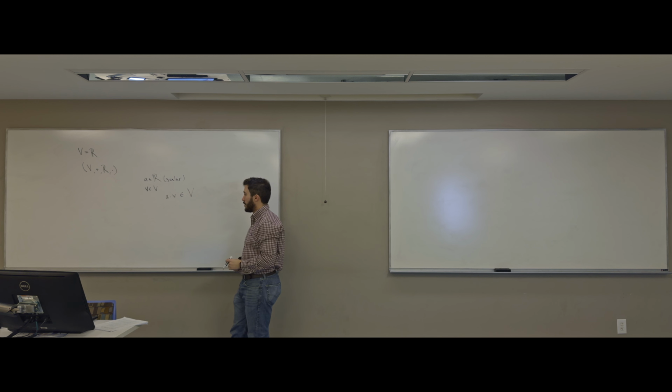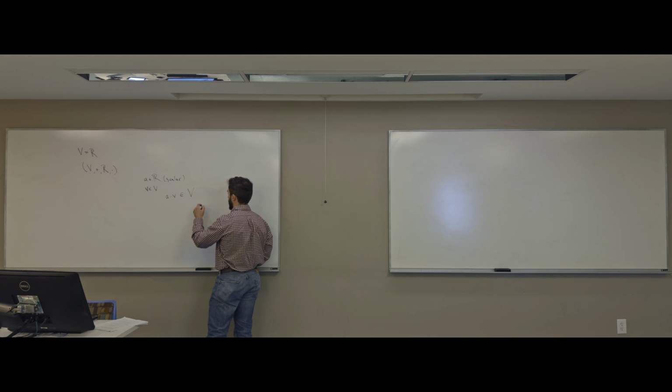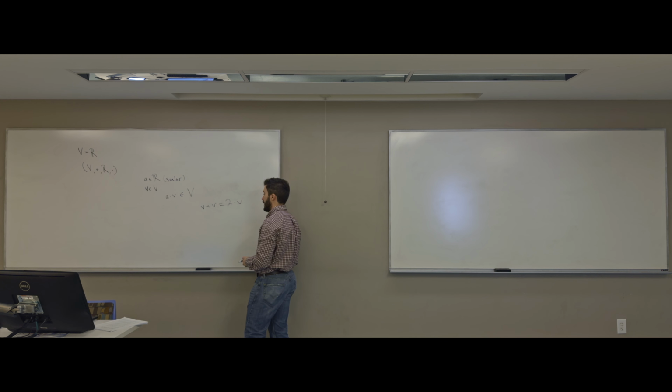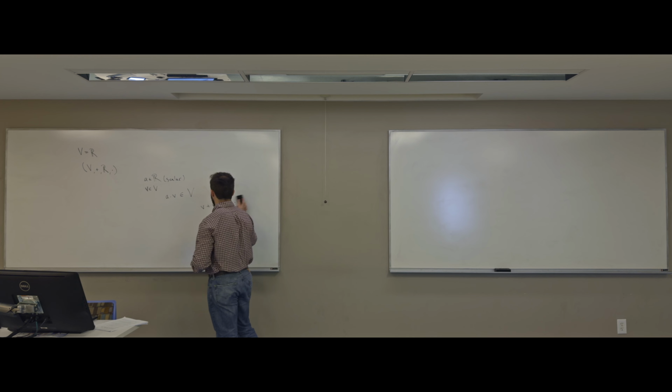Okay? Whatever that means. You also have the property that you should be able to do stuff like this. Right. So you should be able to factor stuff out, and there should be some nice distributive properties for the scalar multiplication.